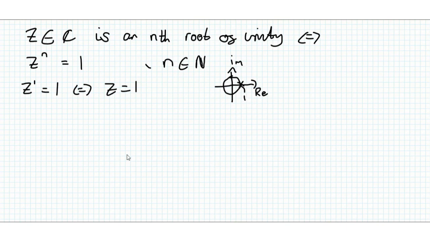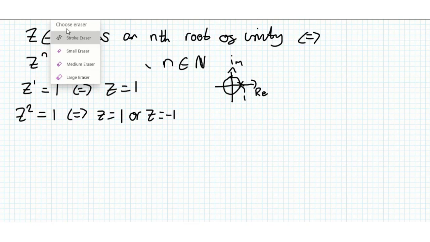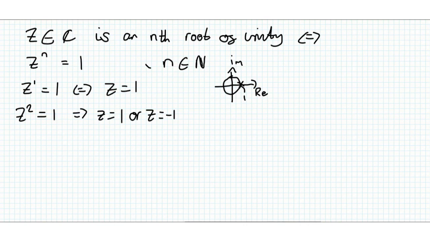Now, z squared equals 1 implies z is equal to 1 or z is equal to minus 1, and that implication probably shouldn't go both ways. Anyway, so we'll plot this one on an Argand diagram.